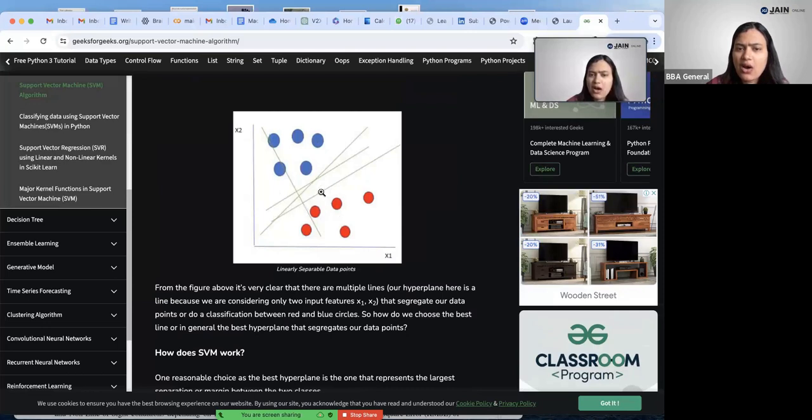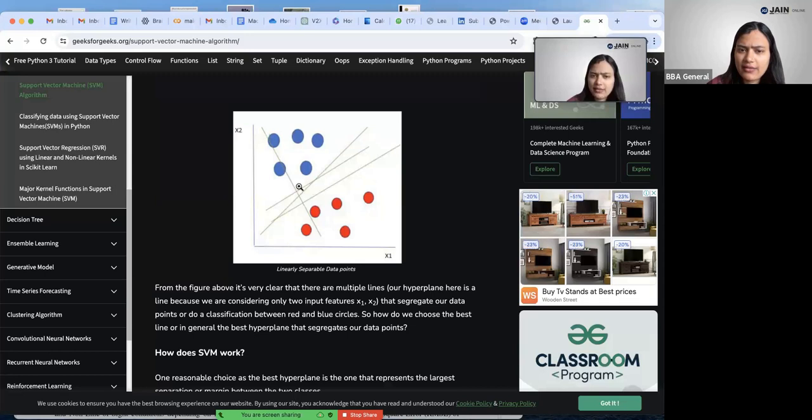That means how can we make a line, the best line, which can separate these two types of data very well? As you can see, this vertical line is not the correct one, right? It cannot separate the data. And even for this line, it is not that good, but still better than the previous one.